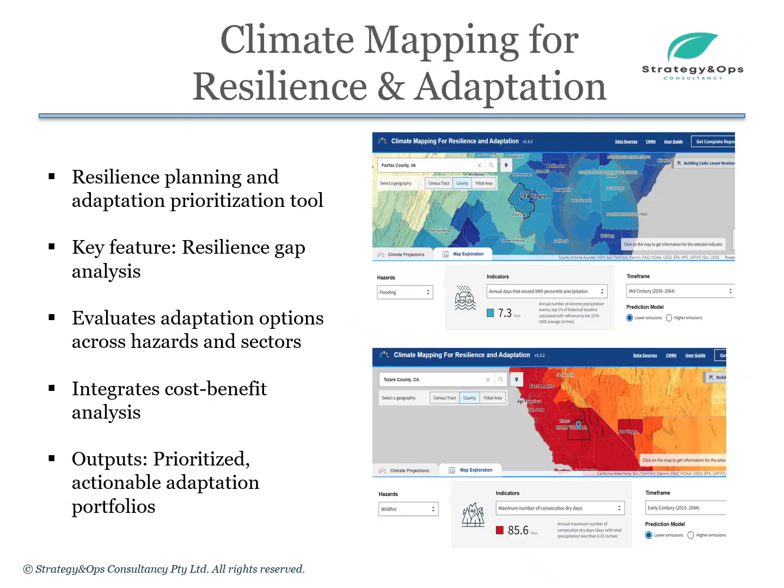Climate Mapping for Resilience and Adaptation, CMRA, helps turn climate risk data into clear adaptation priorities. Once you know where vulnerabilities are, CMRA helps you design and prioritize adaptation actions. Its core function is resilience gap analysis.